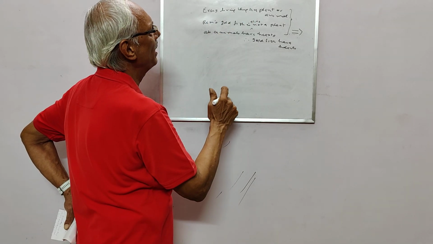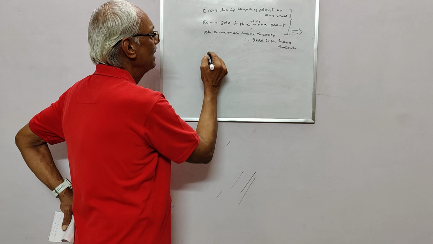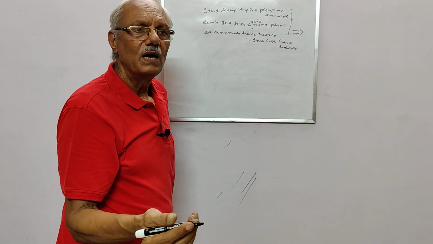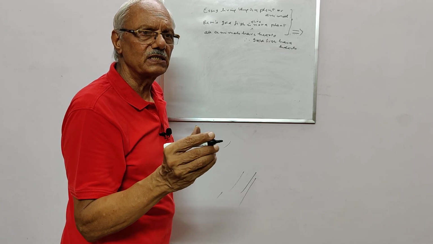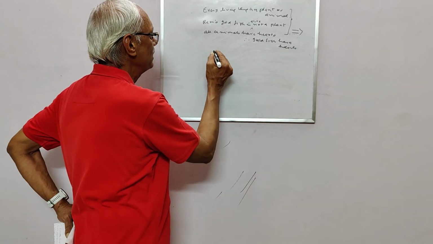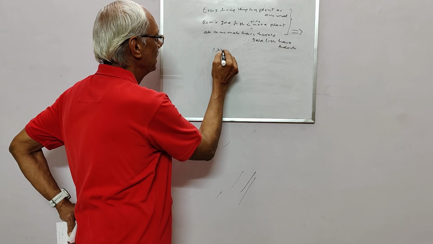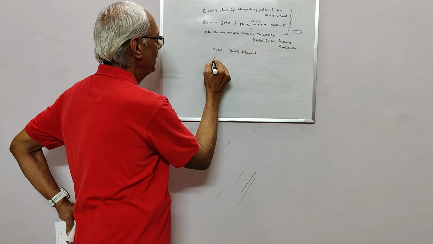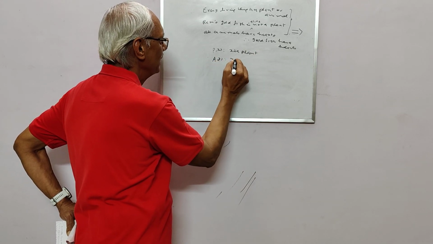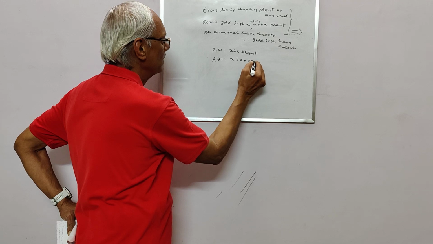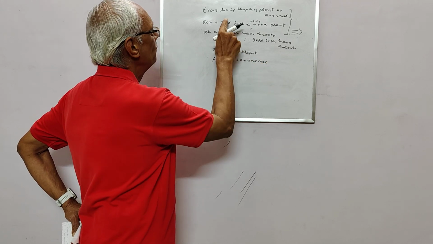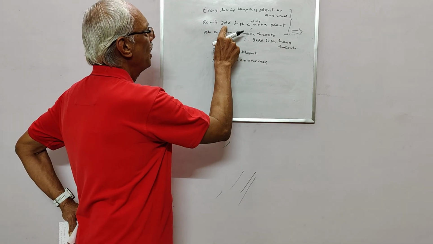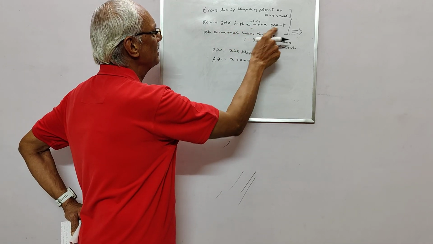Every living thing is a plant or animal. So you see, that means we take all those things that have got life. I am going to consider all those things that have got life. So I will write here P of X, X is a plant, and A of X, X is an animal. I want this: it is a plant or animal. And Ram's goldfish is alive and not a plant.